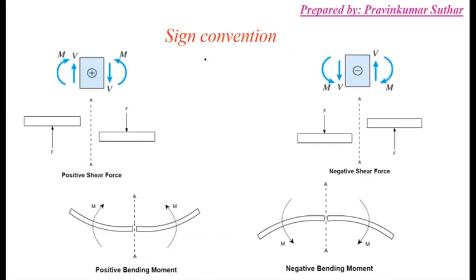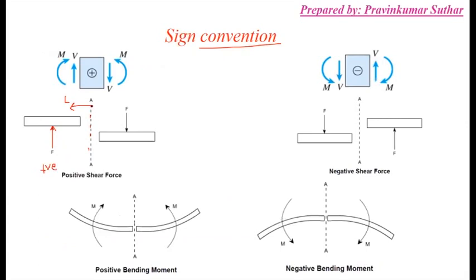Let's talk about the sign convention. Just look at this. This is a beam. If you take any section like this, AA is the section. Towards the left of the section, if the force is upward, you have to take this as positive shear force.